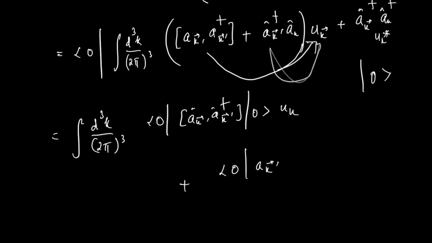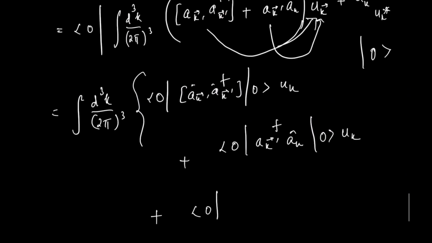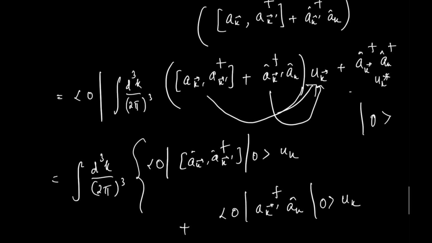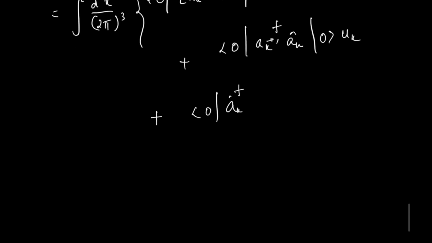So ak dagger ak multiplied by uk plus the last term is ak dagger uk star.